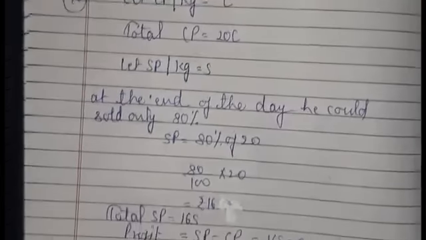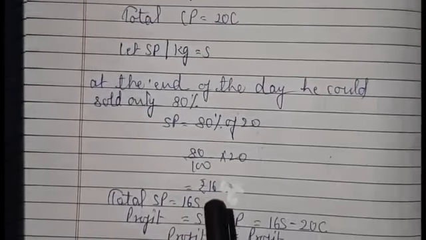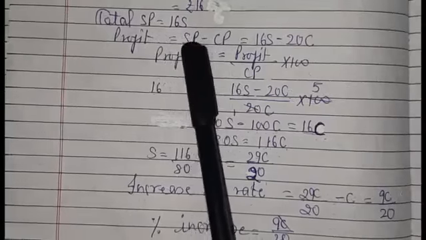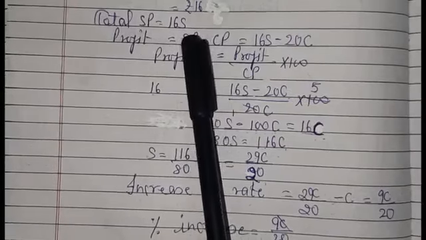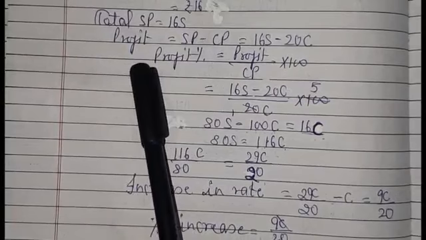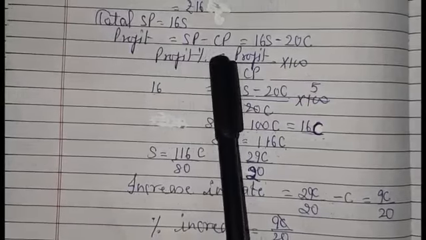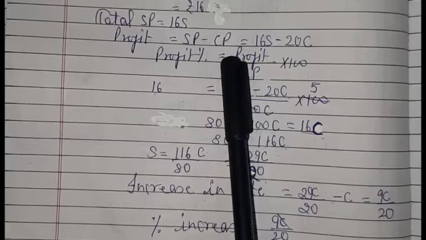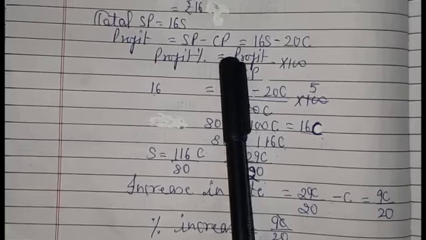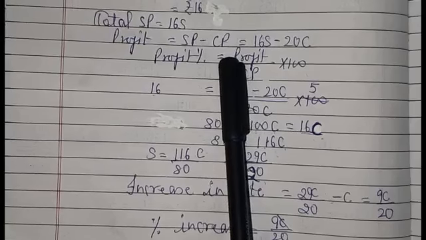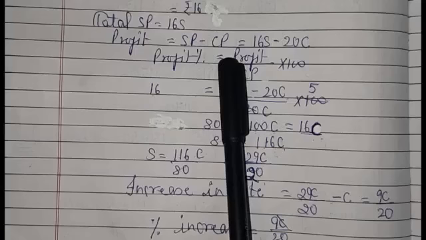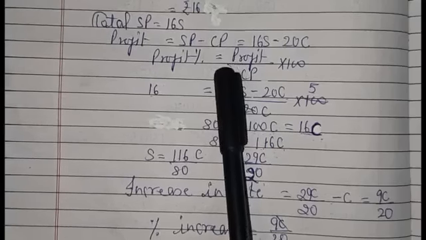When you solve, 16 kg will come. Now total selling price will be 16S. Profit is equal to selling price minus cost price, because they are saying if he still made a profit of 16%, calculate the percentage increase in rate at which he sold his sweets.